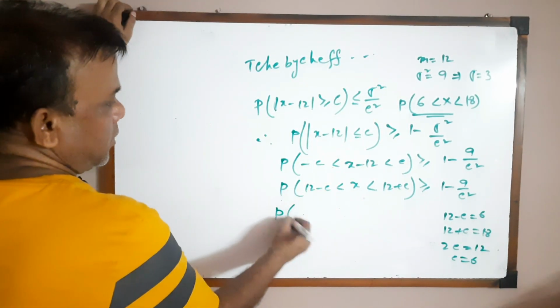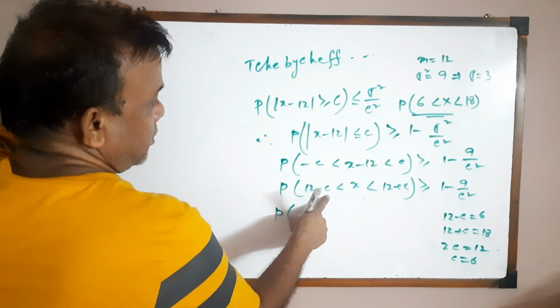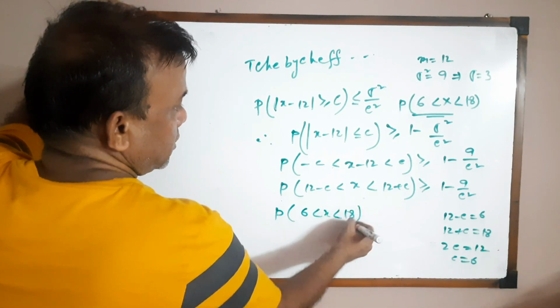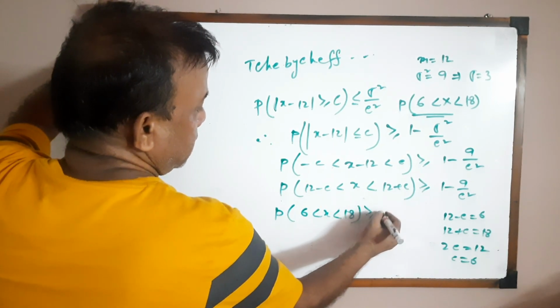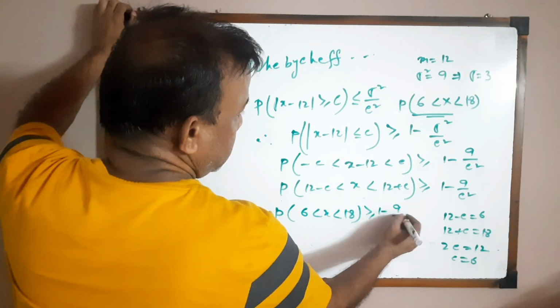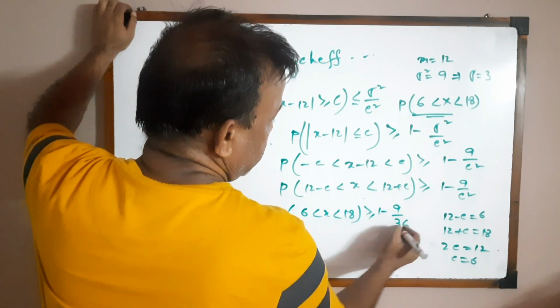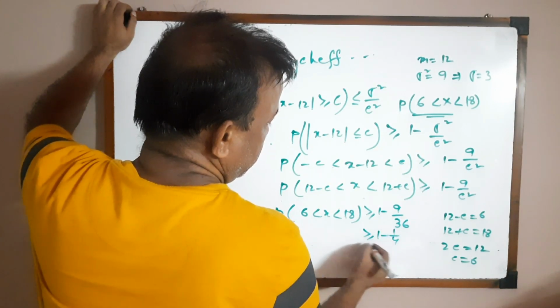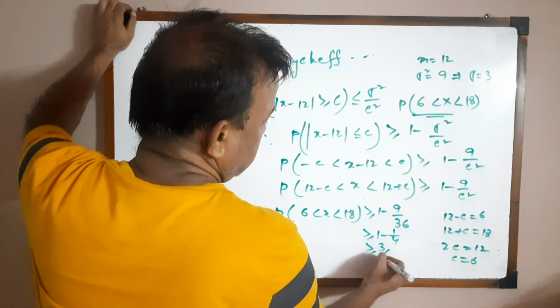Therefore, probability of 6 less than x less than 18 is greater than or equal to 1 minus 9 by 6 square, which is 1 minus 1 by 4, greater than or equal to 3 by 4.